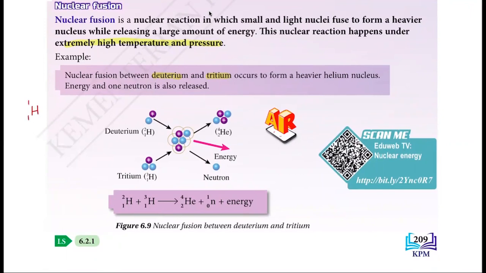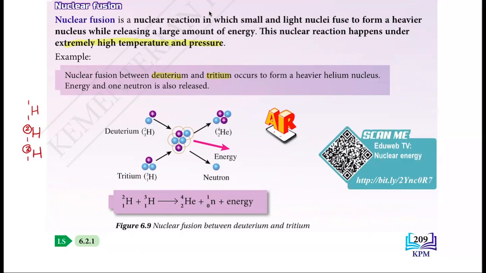We have deuterium, H 2 1, because it consists of one extra neutron. And the other one is tritium, 3 1. So these are all isotopes of hydrogen.